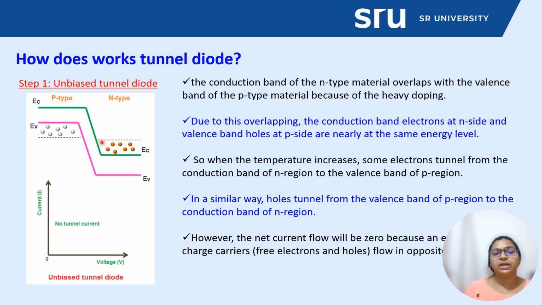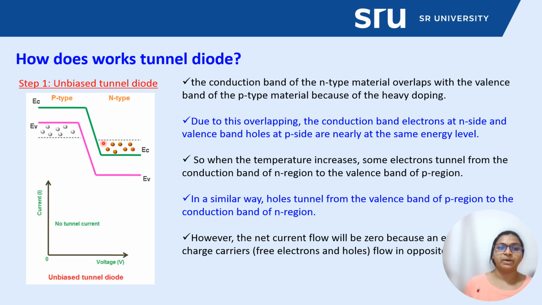So when temperature increases, some electrons tunnel from the conduction band of the N region to the valence band of the P region. In a similar way, holes can tunnel from the valence band of the P region to the conduction band of the N region. However, the net current flow will be zero because an equal number of charge carriers flow in opposite directions.